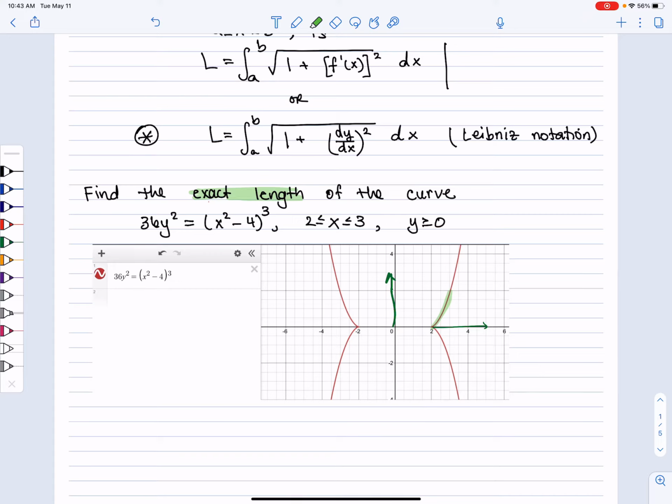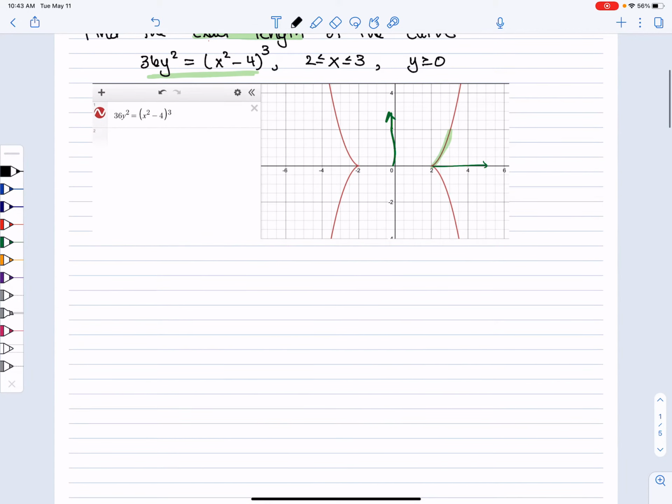The formula you can see here, you can begin by finding the first derivative and plugging it in. So for us, what I like to do is begin by solving for y and seeing where that takes us. So we're doing a little bit of algebra. We have 36y squared is equal to (x squared minus 4) to the third power.